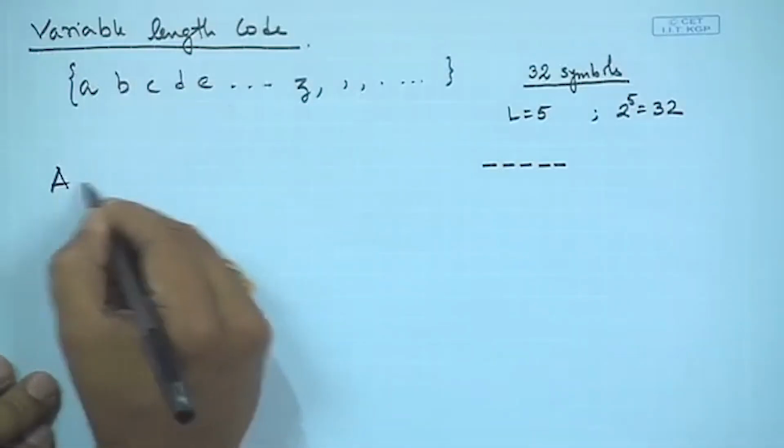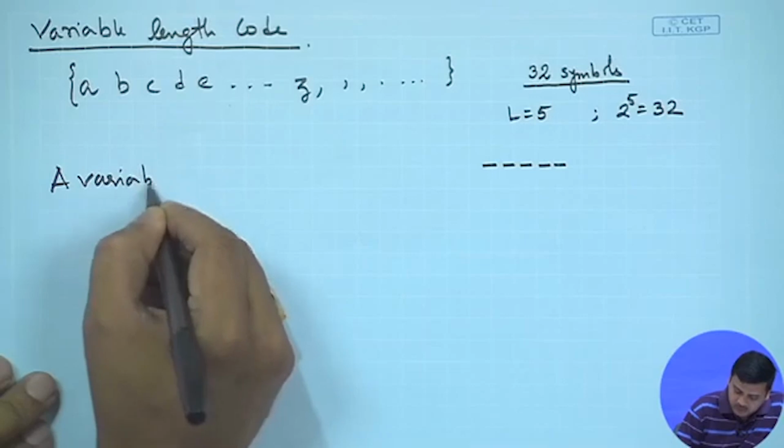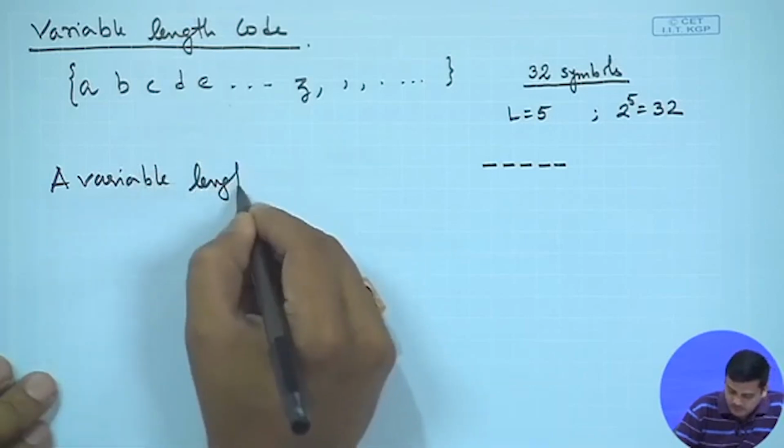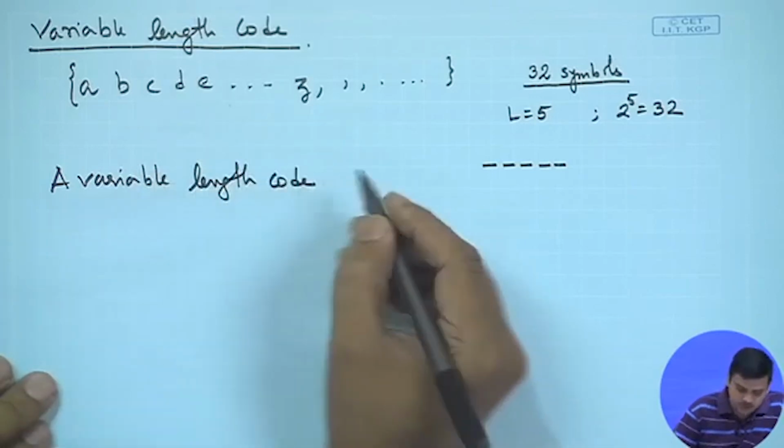So, we can think of a variable length code.